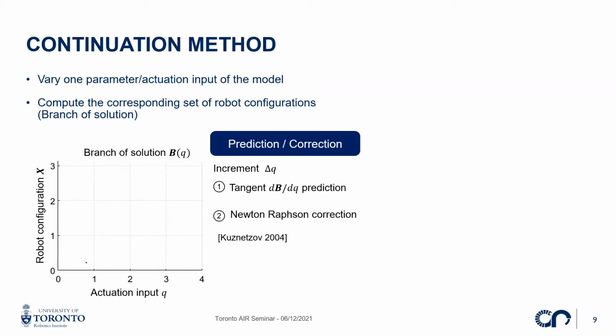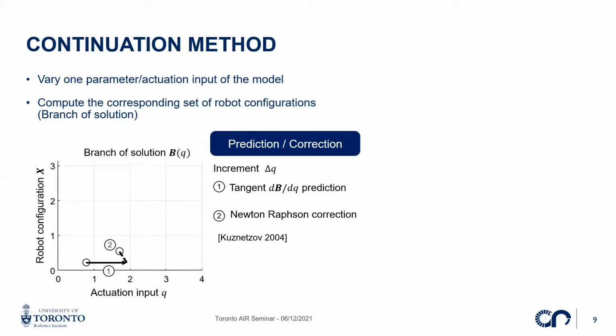So basically the method works with a prediction-correction process where we start from one point. We increment the actuation input along the local tangent of this branch of solutions, which gives us a prediction.